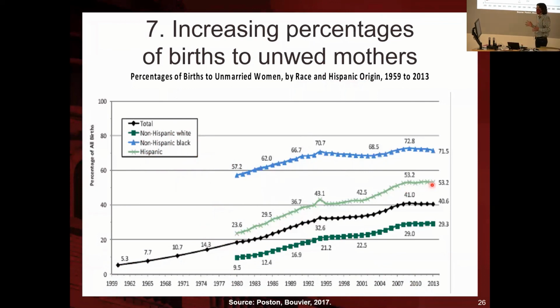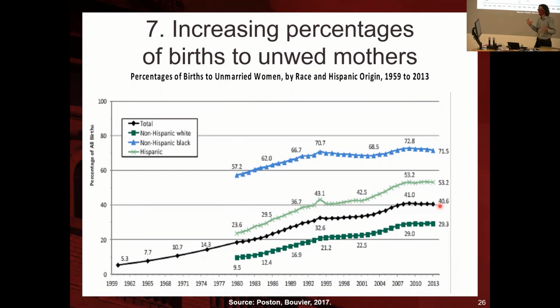So this is pretty much the percentage of women who had babies and they are not married. So percentage of births to unmarried women. Overall, it increased from 5.3% back in 1959 to 40% in 2013.